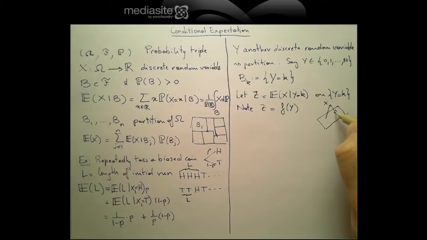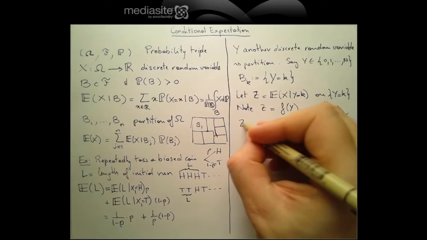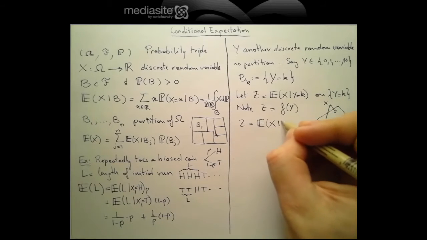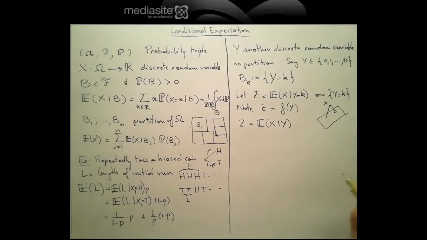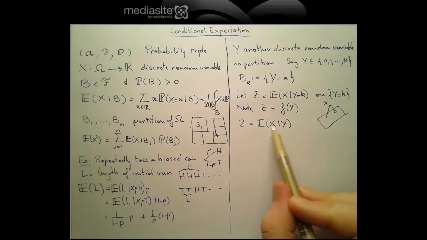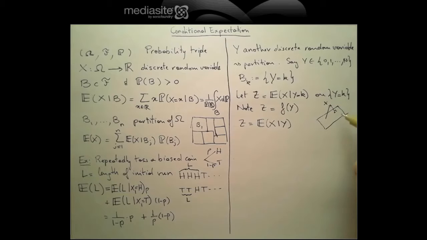And that projection is Z. The notation for Z is, we write it as the conditional expectation of X onto Y. This notation, one needs to get used to it, because you would think that this is a number, but it's not a number. It's a random variable. It's the projection of X onto the space of functions of Y.